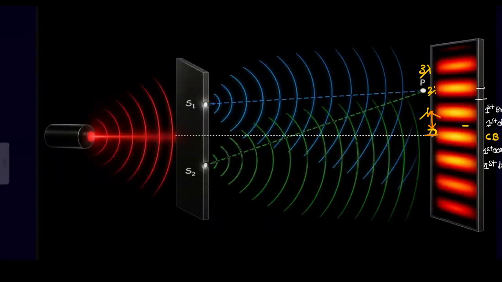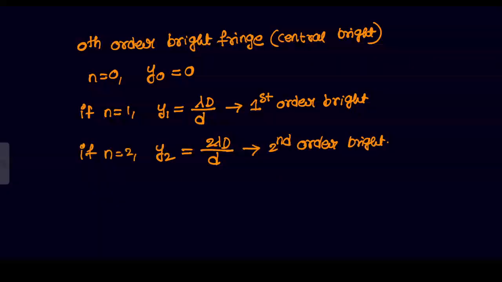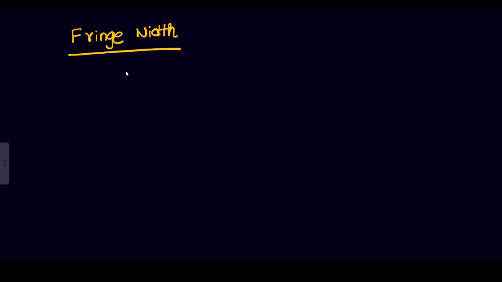The first order bright is here, the second order is like this. The difference between these two is called the fringe width. We denote the fringe width as beta, which is simply y2 minus y1.